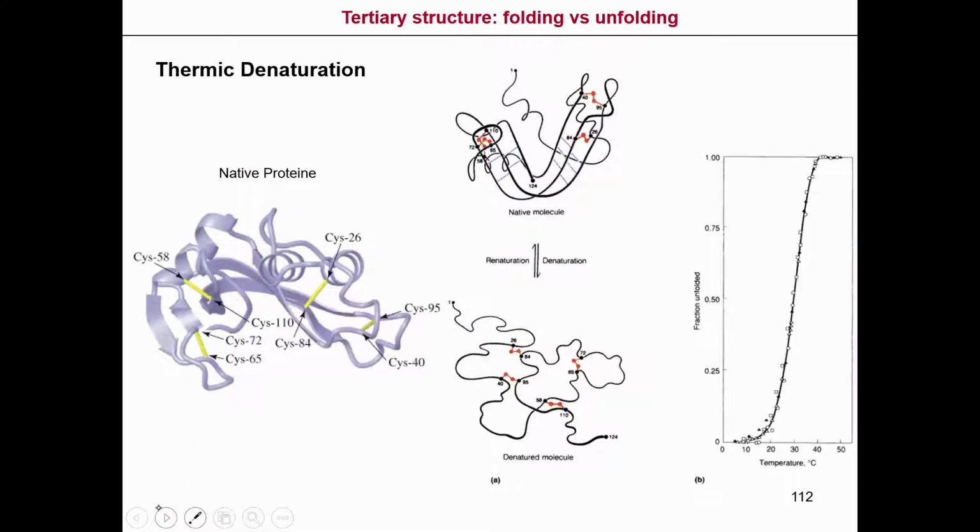So the first external stress can be thermic denaturation. It means that you will heat your proteins and you can disrupt hydrogen bonds and also hydrophobic interactions when you heat the solution. And so we can measure what we call the melting temperature of a protein.